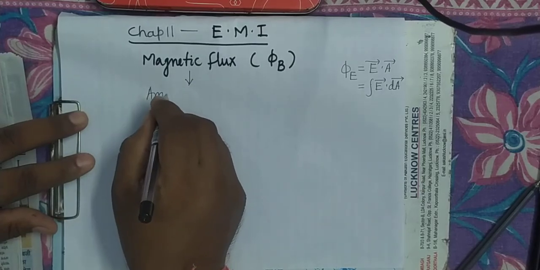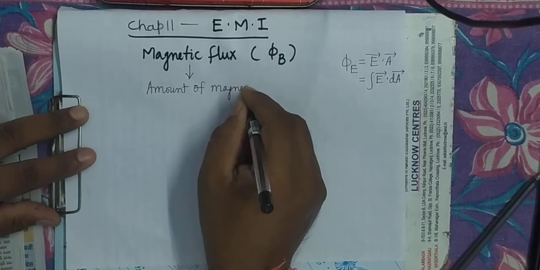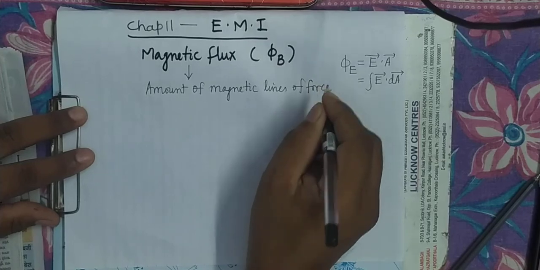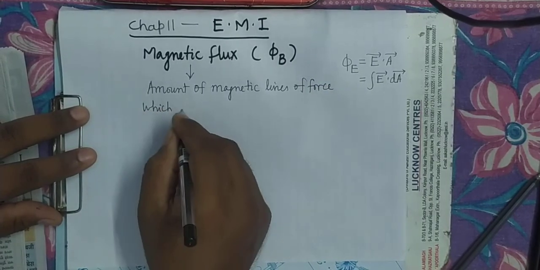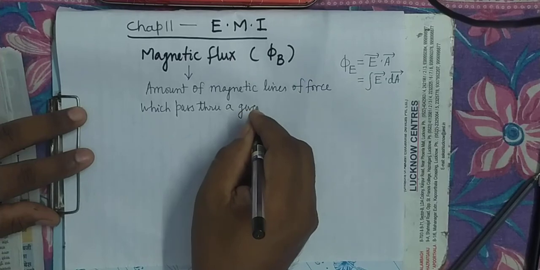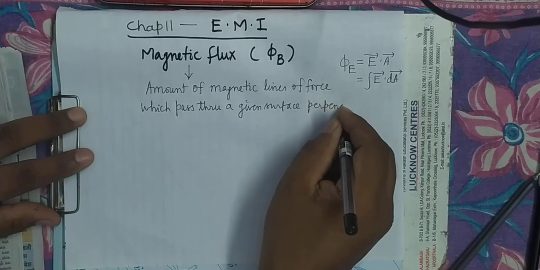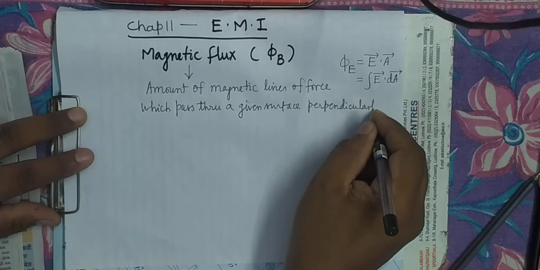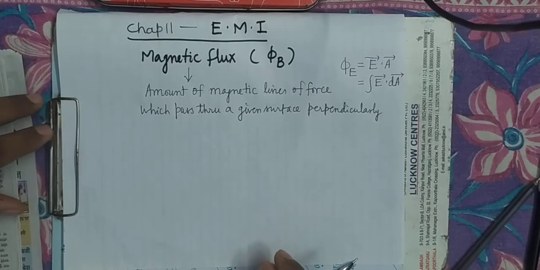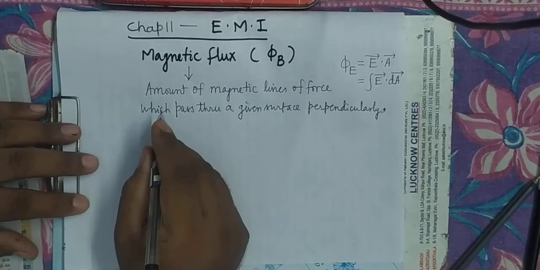The amount of magnetic lines of force which pass through a given surface perpendicularly is known as the magnetic flux. It's clear. Magnetic flux is the amount of magnetic lines of force which pass through a given surface perpendicularly, and will be the magnetic flux associated through that surface.